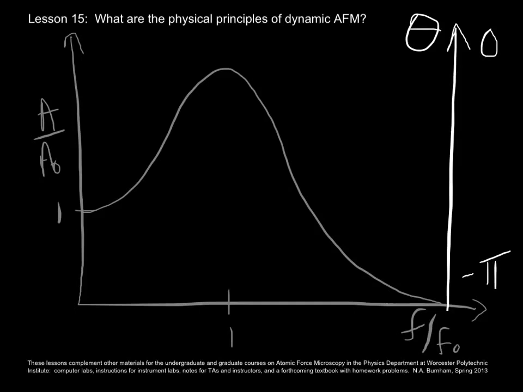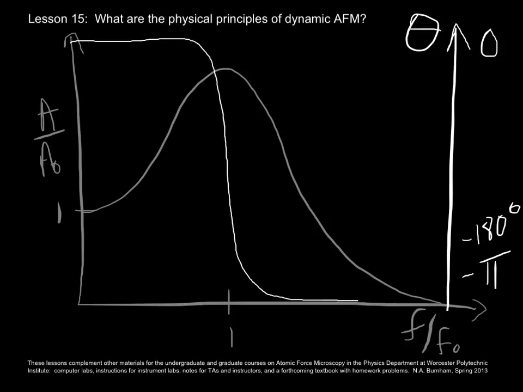Minus pi, you could also write minus 180 degrees. So at low frequencies, oscillators are in phase. They go through a dramatic change around resonance, and then they become out of phase at high frequencies.